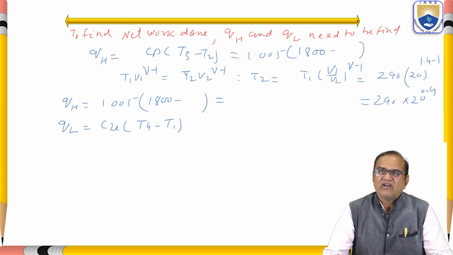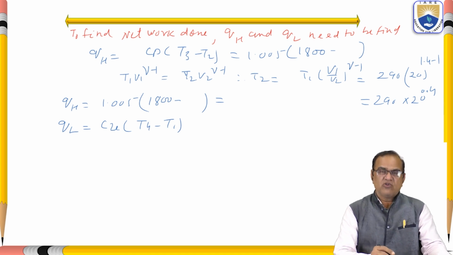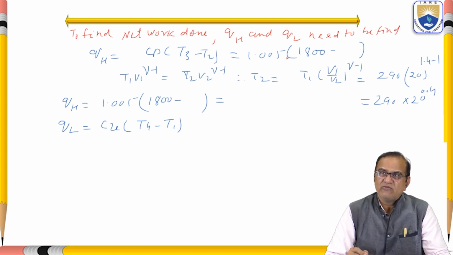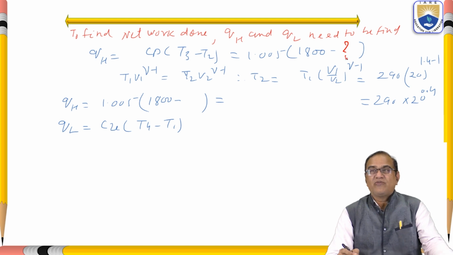So to find the net work done, what we have to do? QH and QL are required, and we know that QH is equal to CP into T3 minus T2. So CP is 1.005 and T3 is 1800 minus T2. So we have to find out T2. How to find out?